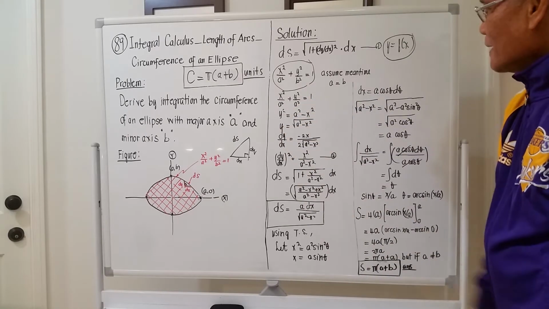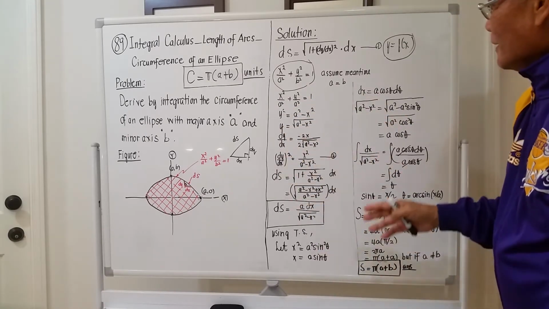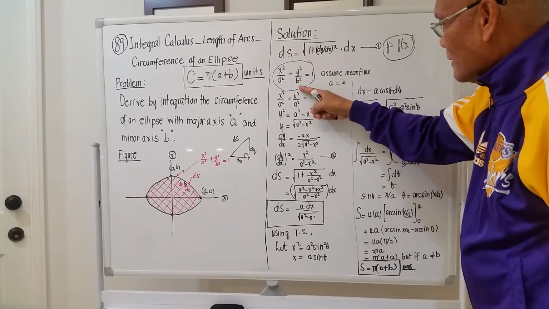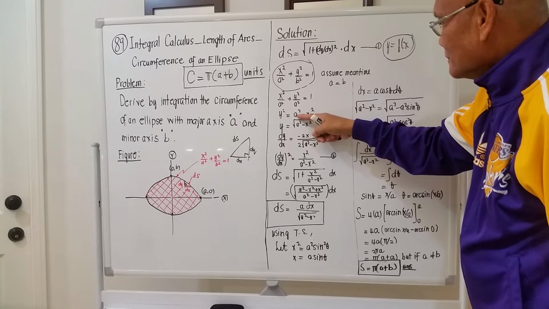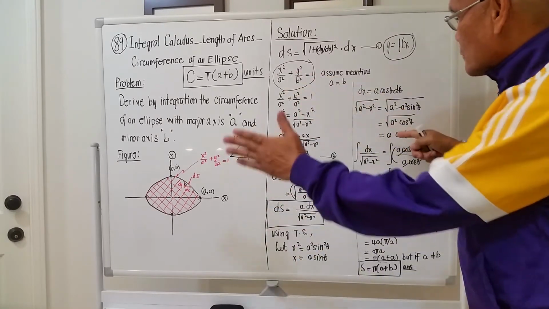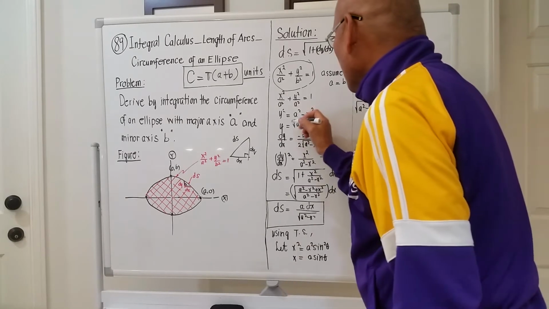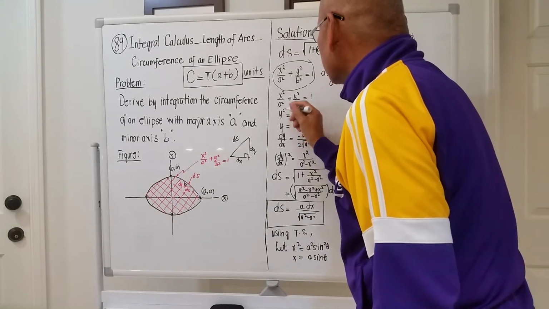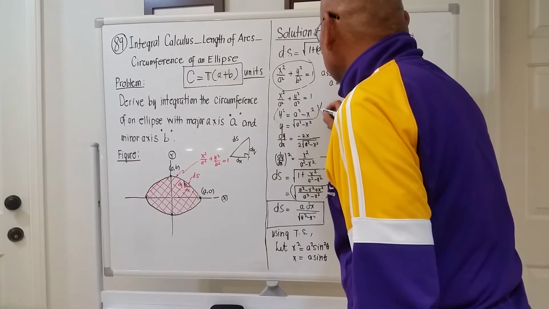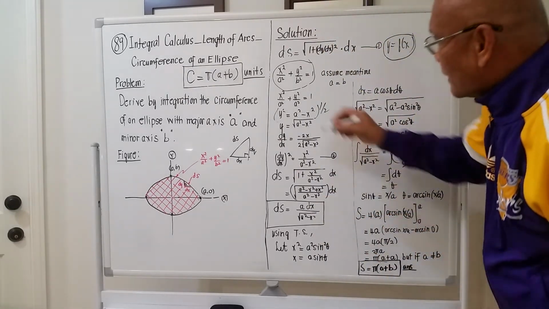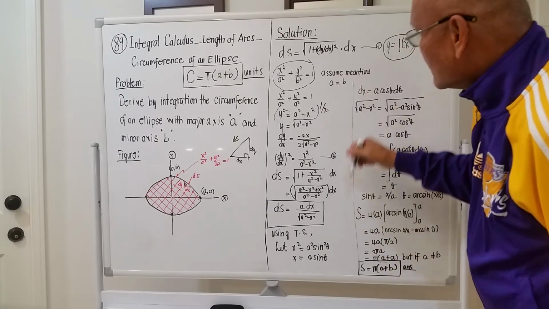Multiplying all terms by a squared, then transposing terms, y squared now will be a squared minus x squared. We transpose that to the right. Then taking the square root of both sides to solve for y, the two here cancel with this.